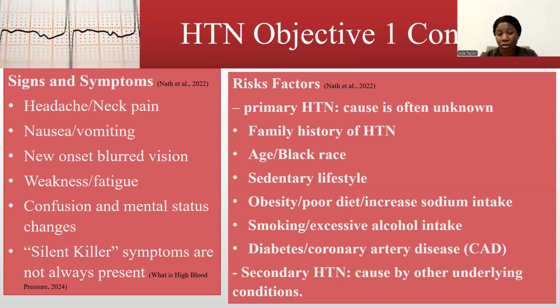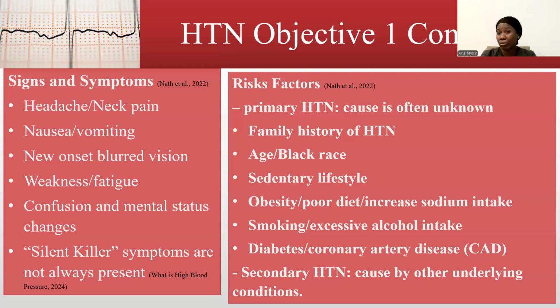Risk factors associated with high blood pressure. According to Nath et al. 2022, high blood pressure can be classified into primary hypertension and secondary hypertension. For primary hypertension, the cause is often unknown, but it can be associated with family history of hypertension.